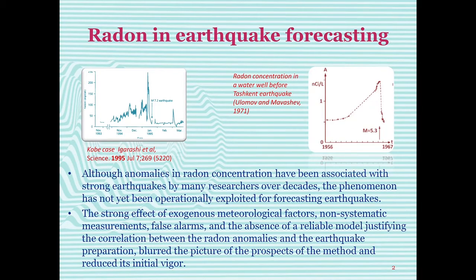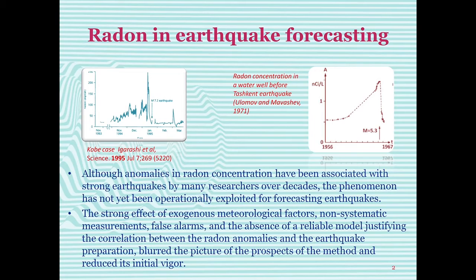Although many precursory phenomena have been proposed, the variations in the noble radioactive gas radon are what has undoubtedly been the most discussed in the past, with extensive literature and a wealth of data.